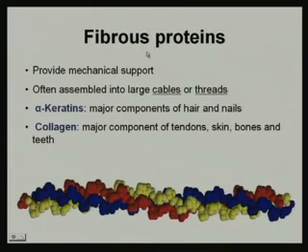When we come to the fibrous protein, it provides mechanical support, often assembled in a large cable or thread like structure. Alpha keratin, which is a major component of hairs, nails, etc., is an example, and these are insoluble in water.